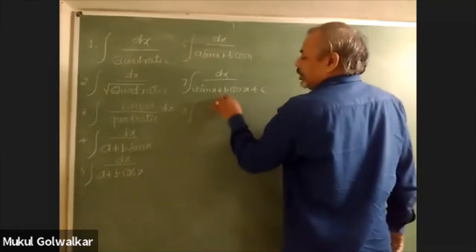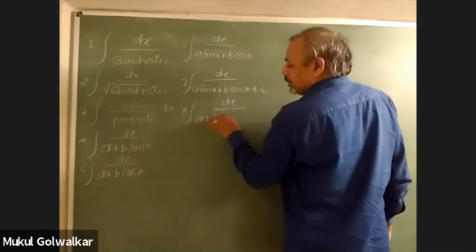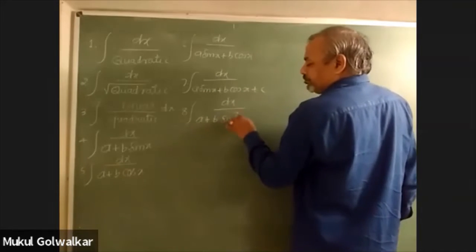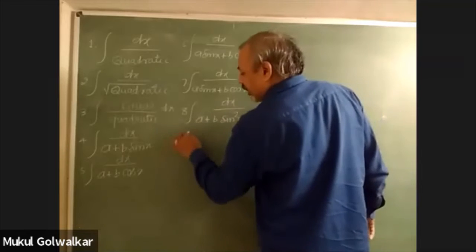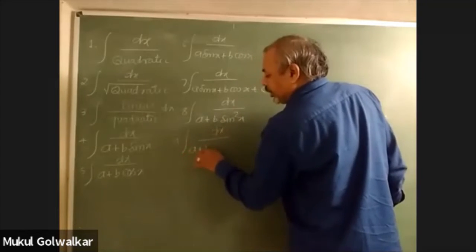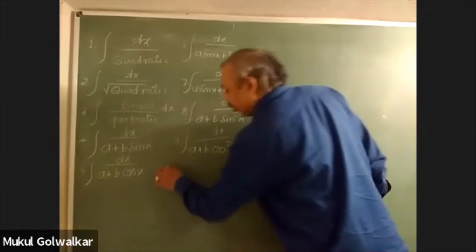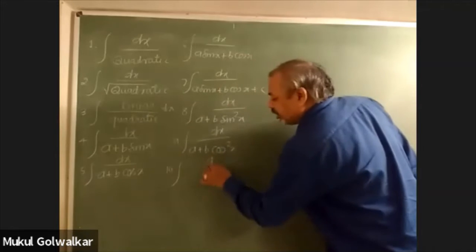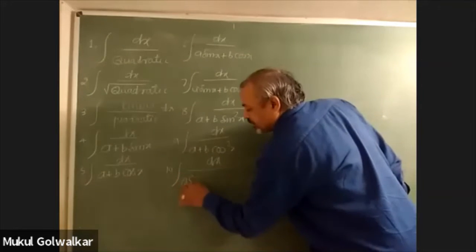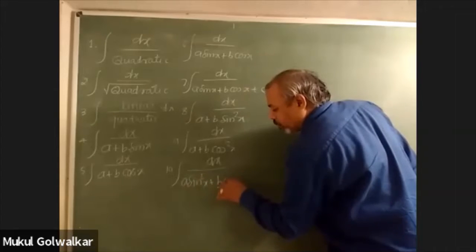Eighth would be dx upon a plus b sin square x. Ninth would be dx upon a plus b cos square x. The 10th function can be written as dx upon a sin square x plus b into cos square x.